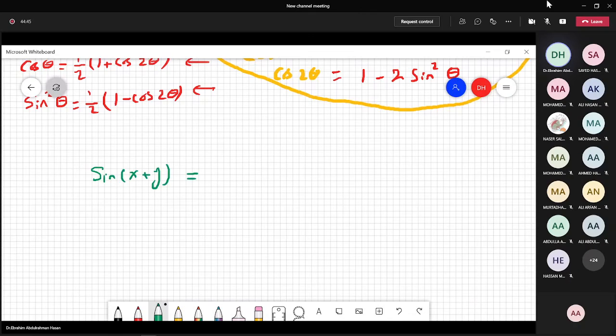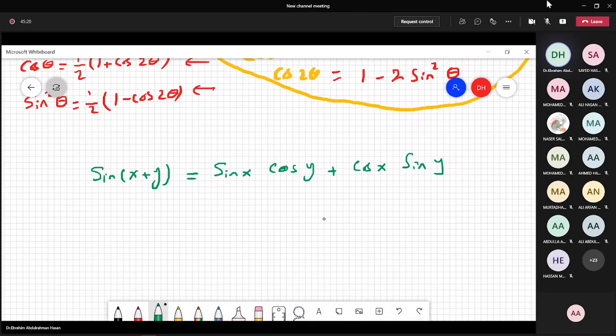Do you remember? Sine x cosine y plus cosine x sine y.